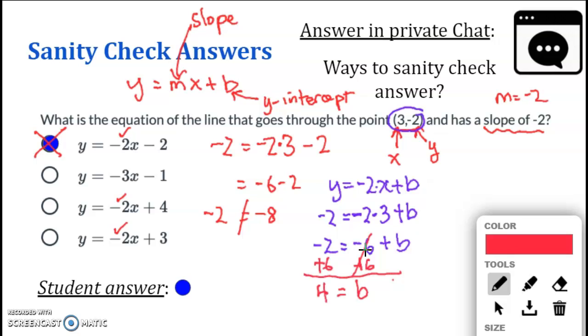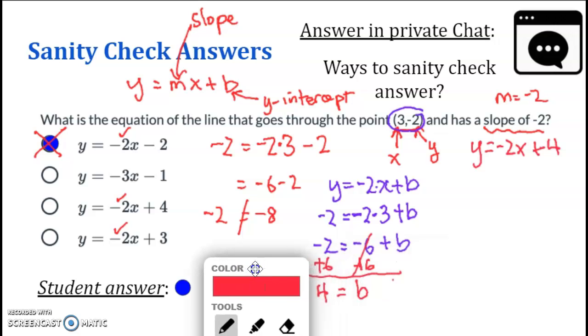Okay, so now I am claiming that the actual equation is y = -2x, and we just figured out the b, which is 4. So the correct answer is -2x + 4.